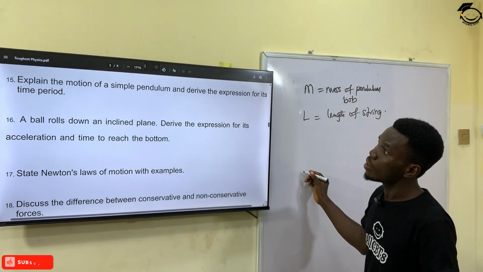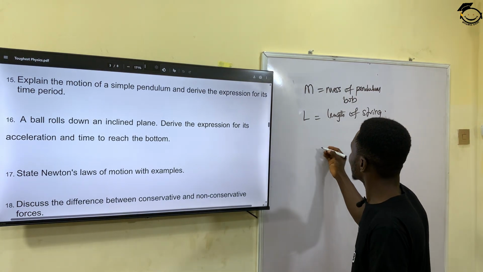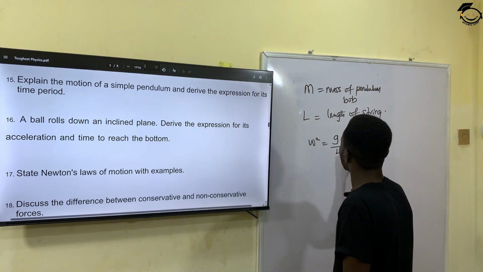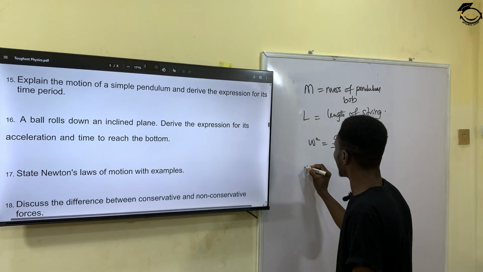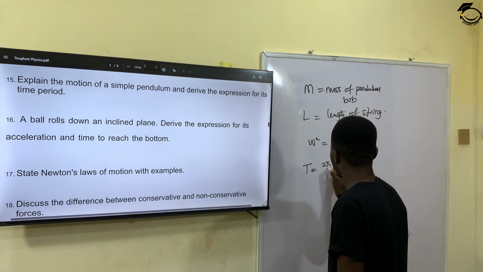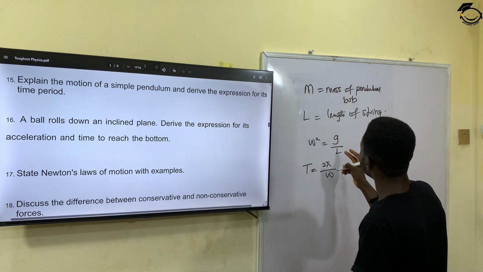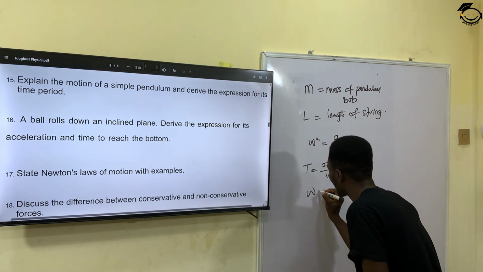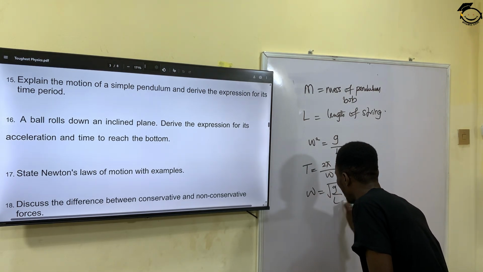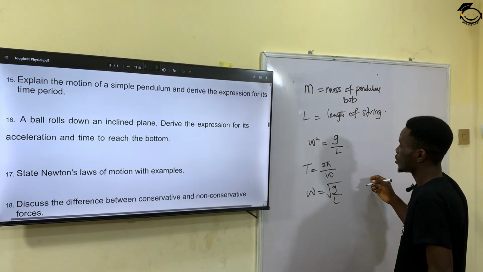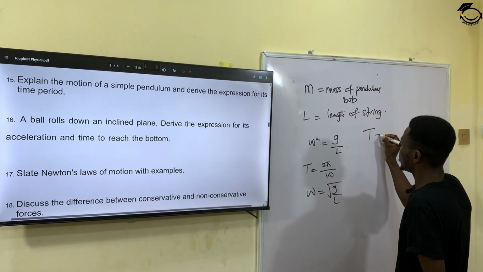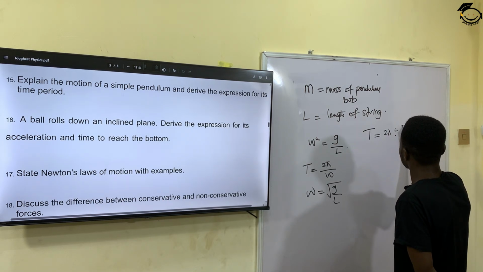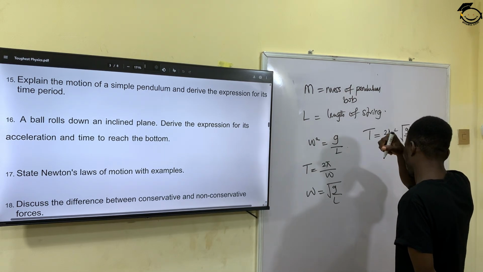So on that simple pendulum experiment, we know that our omega squared is equal to g over L. And we also know that the period is 2 pi over omega. So if omega squared is equal to g over L, this is the same thing as saying that my omega is equal to the square root of g over L. So if I substitute omega into this formula, it means that my period will be equal to 2 pi divided by the square root of g over L. So simplify this further.